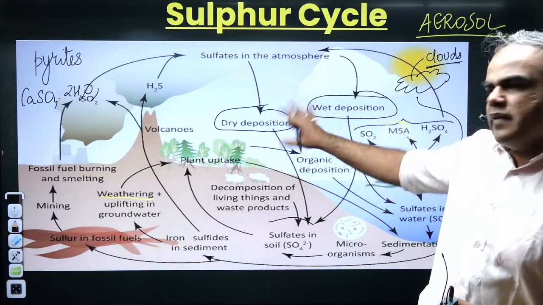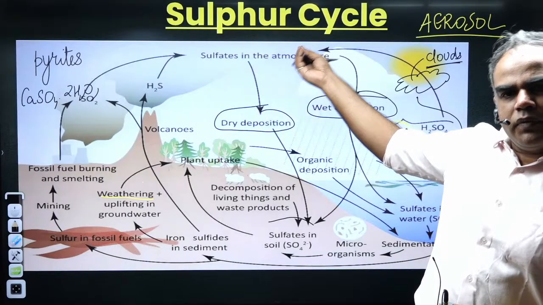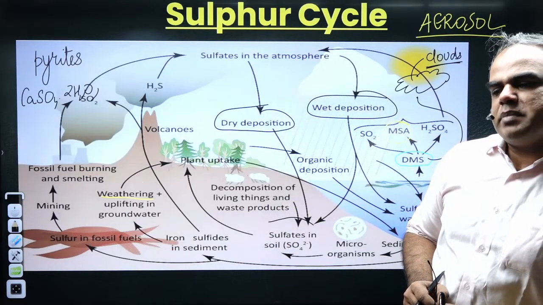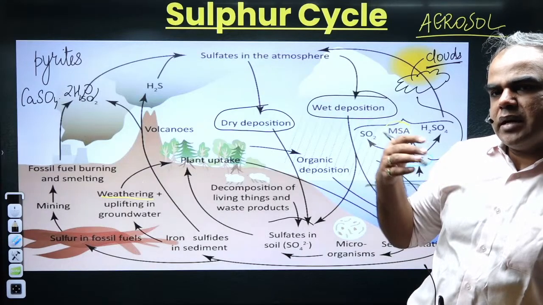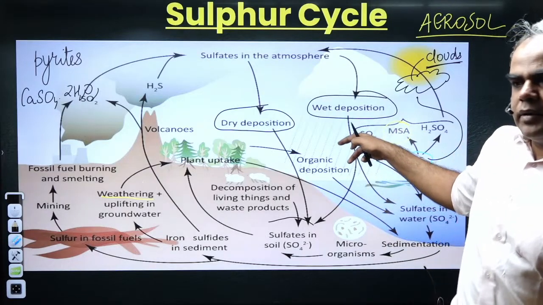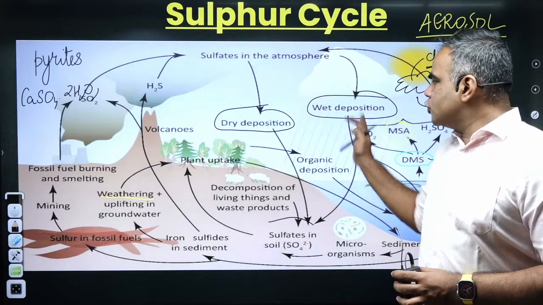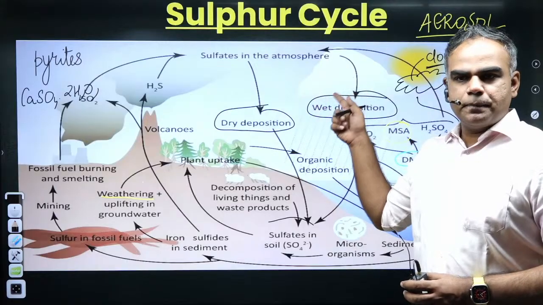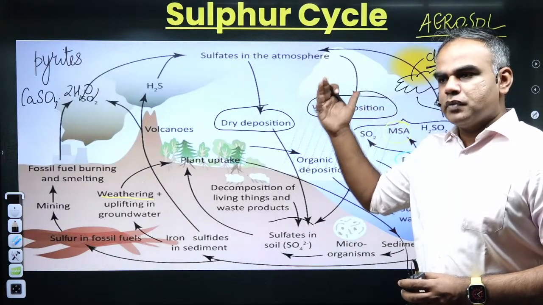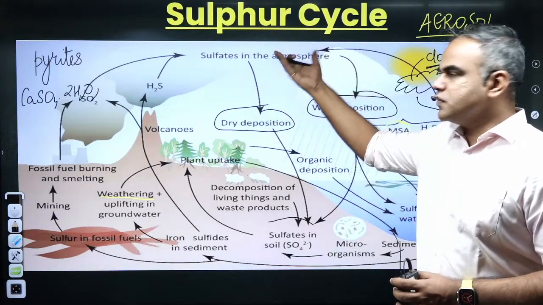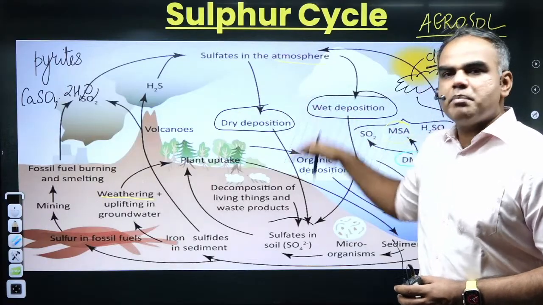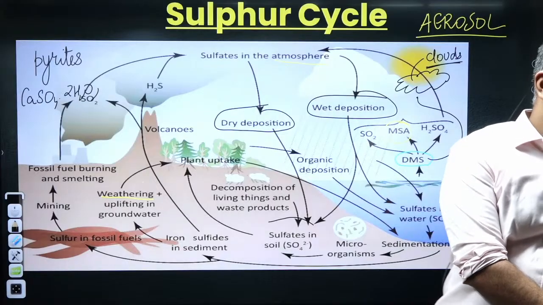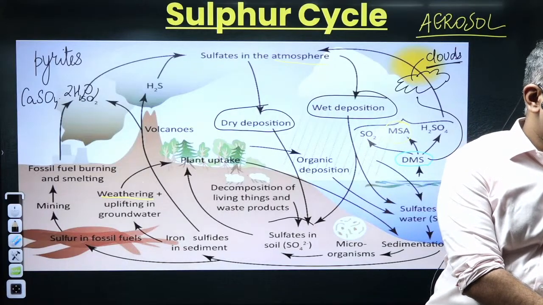Simply by dry or wet deposition. It will be in the air, then it will get deposited. So it does not stay permanently in the atmosphere because oxidation is happening and SO2 is there. SO2 can also be deposited later on, yes or no? Because ultimately it's a cycle, things will not stay forever. Whatever goes into the atmosphere will also come back via deposition. For MSA, you should just know the name.